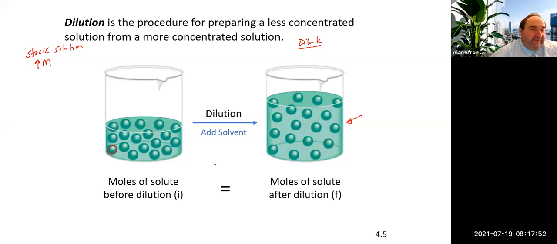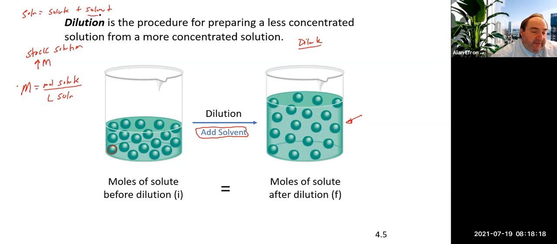So how does that affect the molarity? Well, molarity is the moles of solute divided by the liters of solution. And since the solution is the solute plus the solvent, when we dilute, we're adding more solvent.